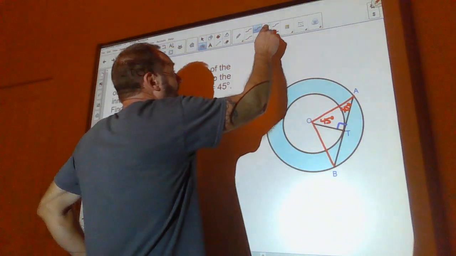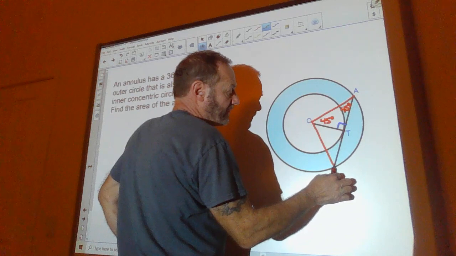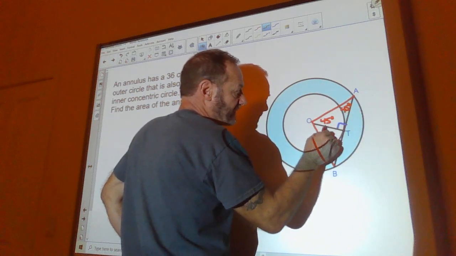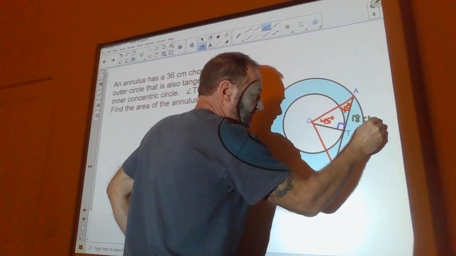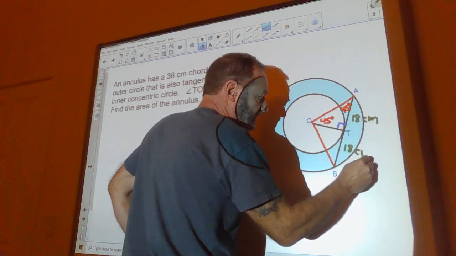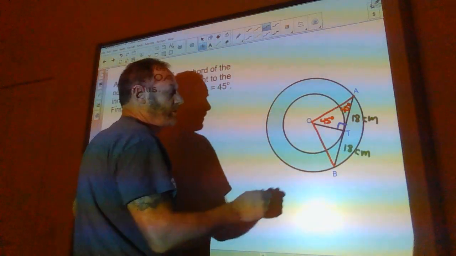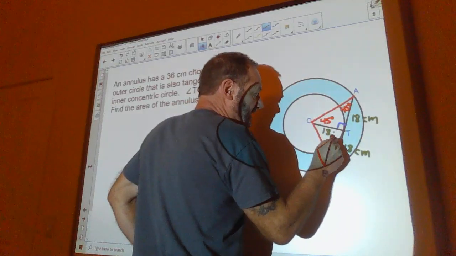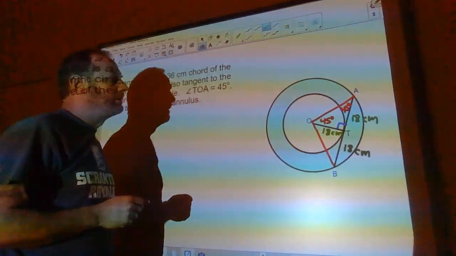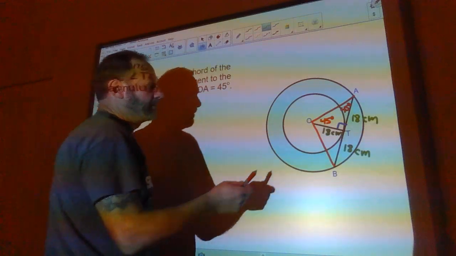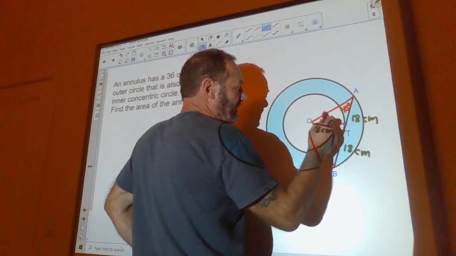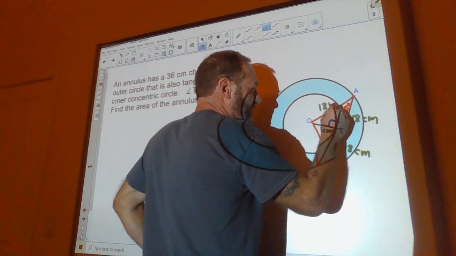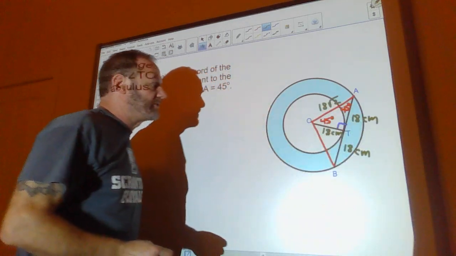So I now know, since this is 36 and this is tangent that's perpendicular, it also cuts this in half. So this is 18 centimeters and this is 18 centimeters, which tells us this is 18 centimeters as well. And remember, a 45, 45, 90 is x to x times the square root of 2. So this is 18 times the square root of 2.